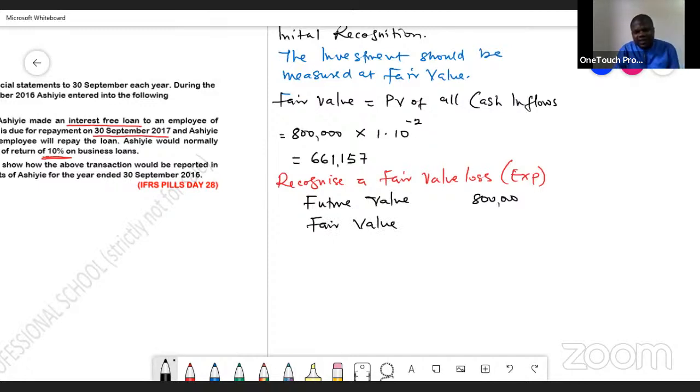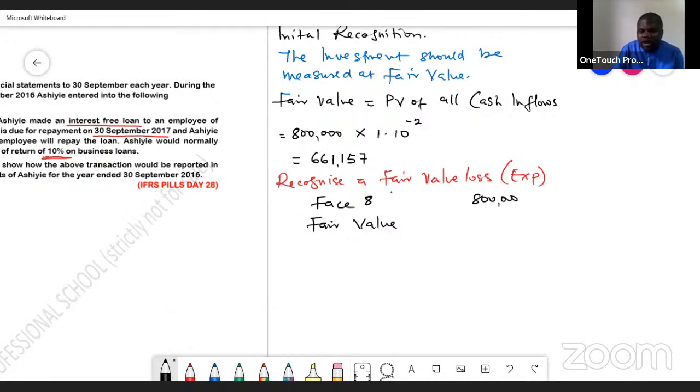In fact, the amount you are giving to the person today, the face value, let me use that one so that you understand, is 800,000.